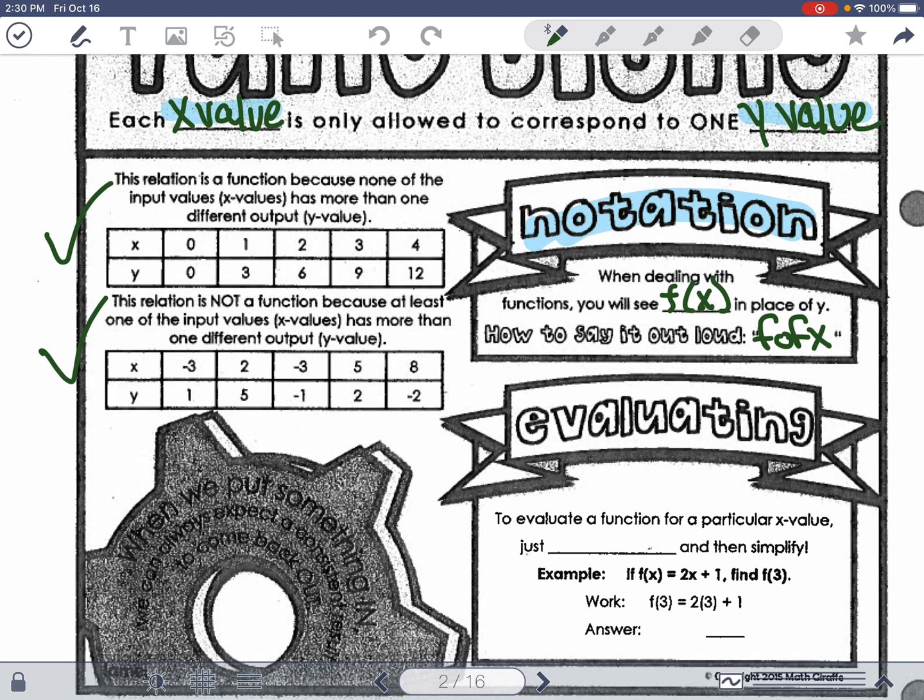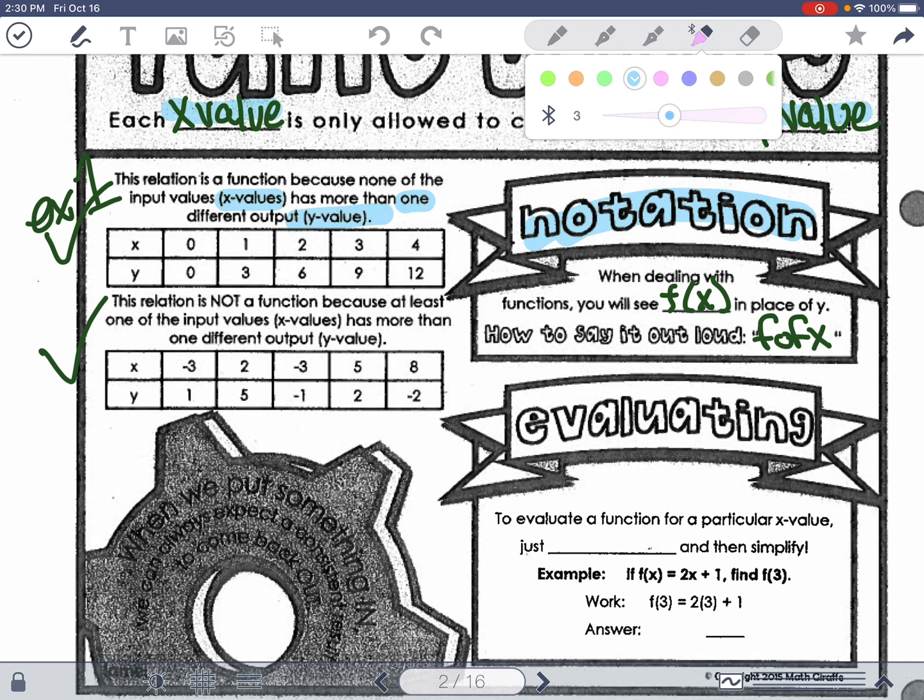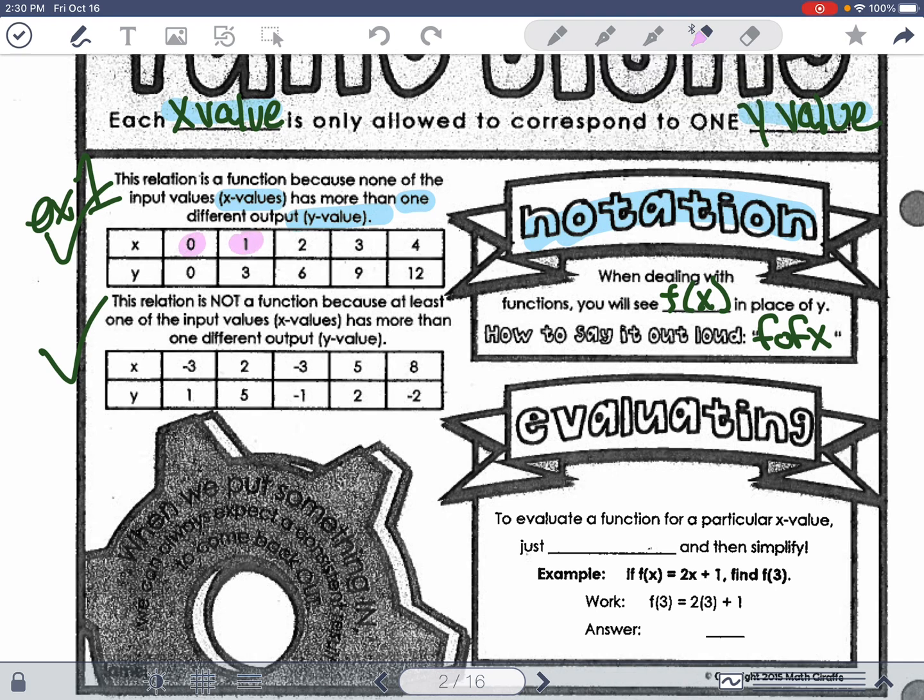So here are two tables. Let's look at example 1. This relation is a function because none of the input values, the x values, has more than one output value, the y value. None of them repeat, so we automatically know that we have a function.